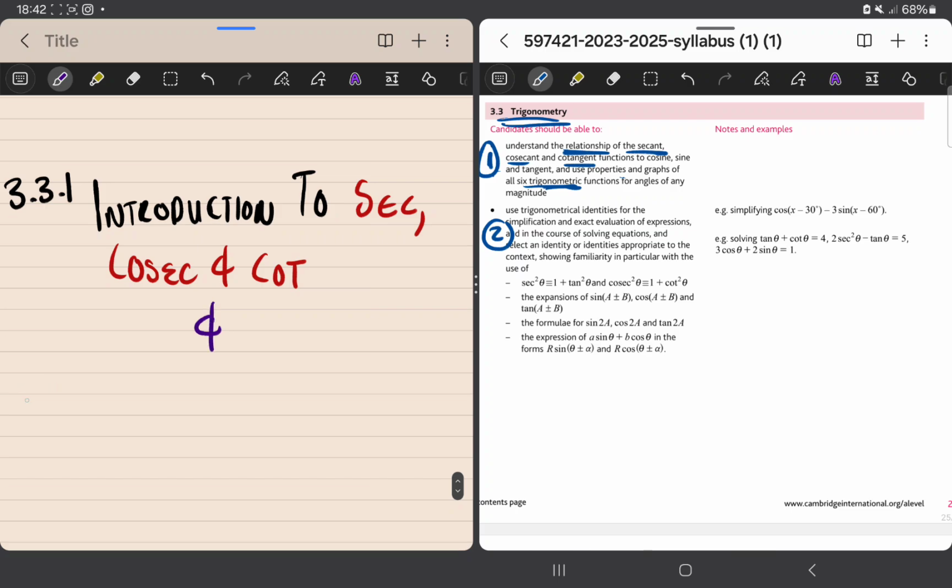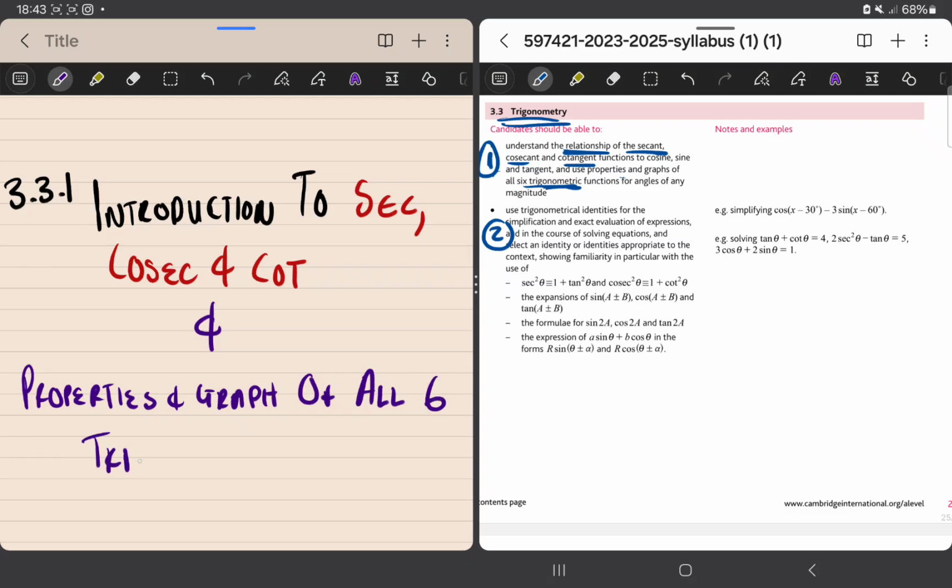So you can say properties and graphs of all 6 trig functions.